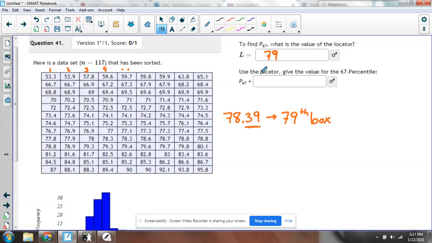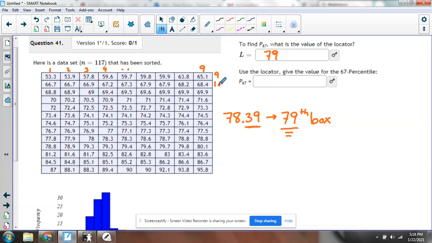So then it just says use the locator, give the value for the 67th percentile. What number is in the 79th box? Well, that's kind of a pain to do, but we have 1, 2, 3, 4, 5, 6, 7, 8, 9 boxes across. So this is the 9th box.